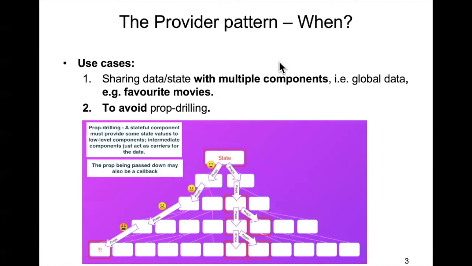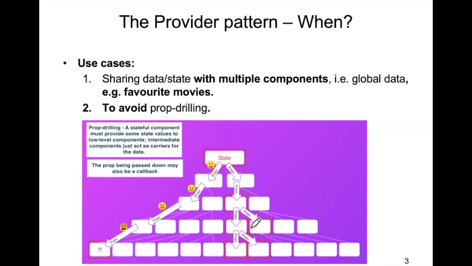Here's a kind of visualization of it, which I found on the web. I don't like the emojis in it, but there you go. And so what we're trying to get across here is here's a component that's stateful, and it wants to make part of that state available, part of the state values available, let's say, to this component down here and to these two here.